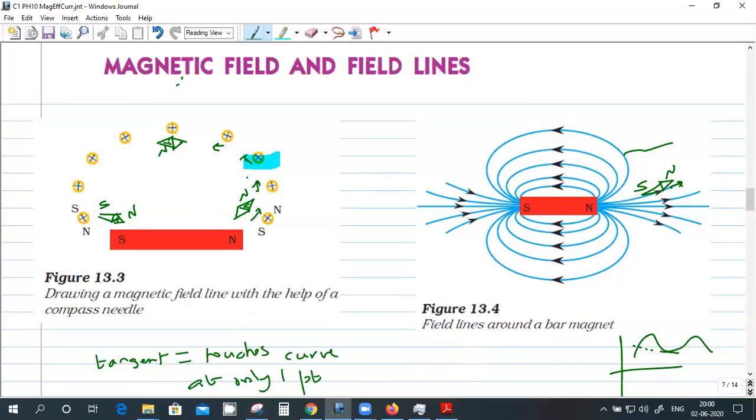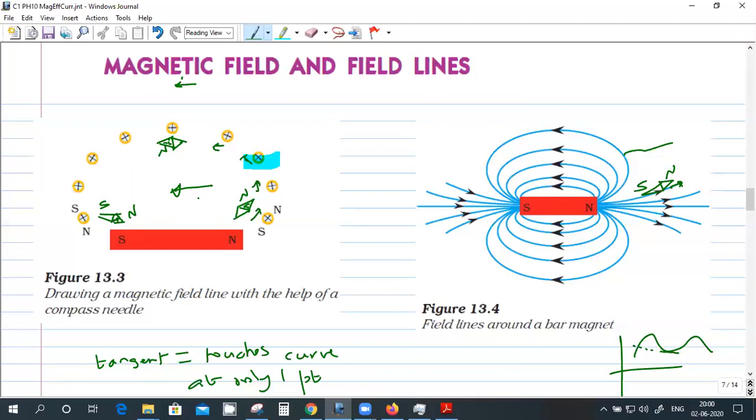So that information I can give with the length of the arrow. Here the magnetic field is strong. Here it will be small. If you get closer, the magnetic field is more, so I put a longer arrow to indicate that B here is strong.